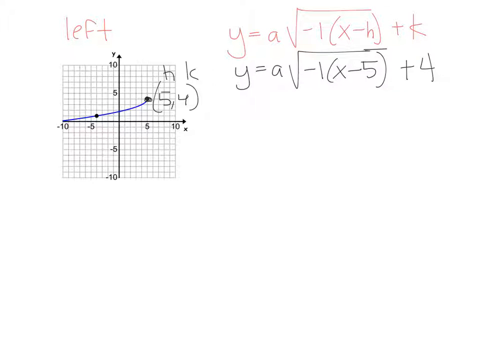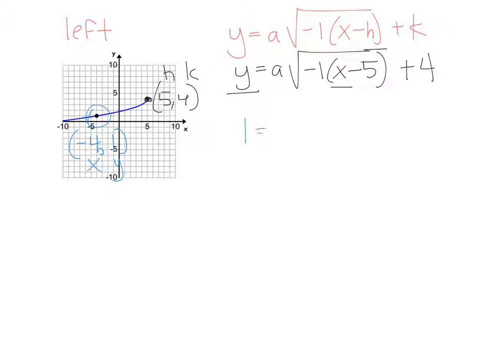If you ever needed to plug in a negative number for h, it would be negative negative. It would turn positive. All right, we need to put in a point for x and y. So that's this point. That is negative 4, positive 1, x, y.